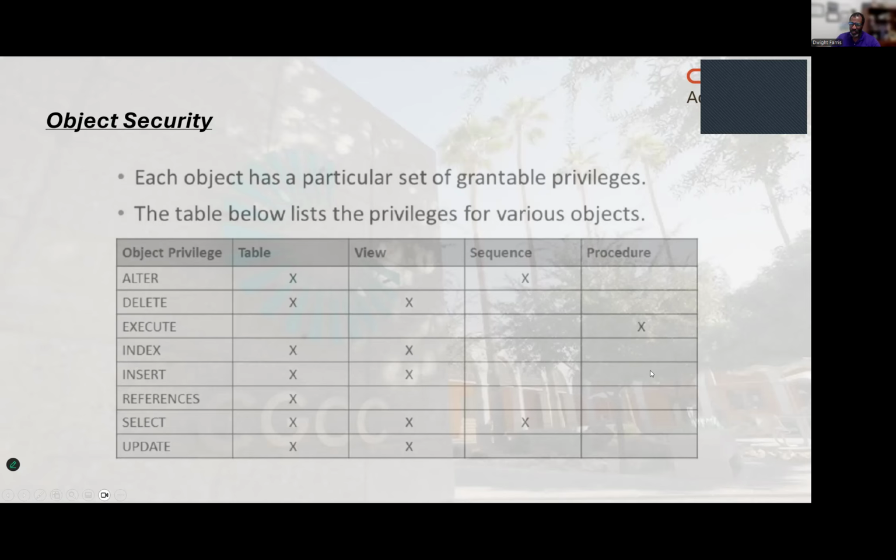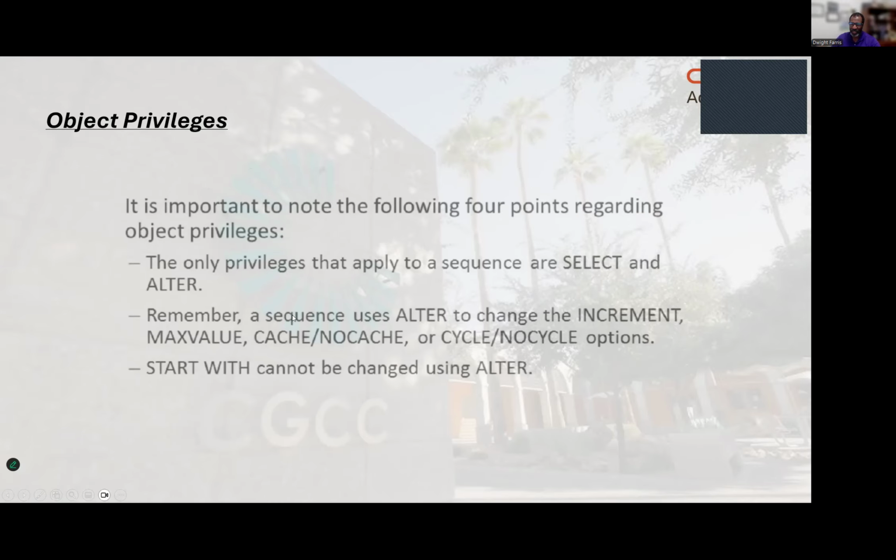Don't worry about procedures, we're not getting into that yet, but you do have select and alter for sequences, views and tables. This is essentially an illustration of the object security privileges that you have as a user.